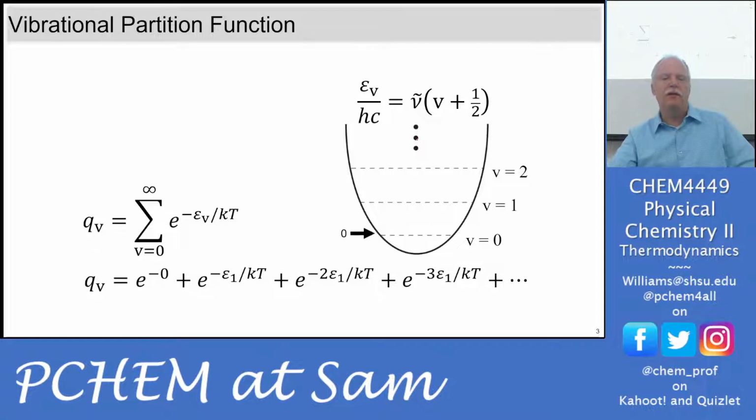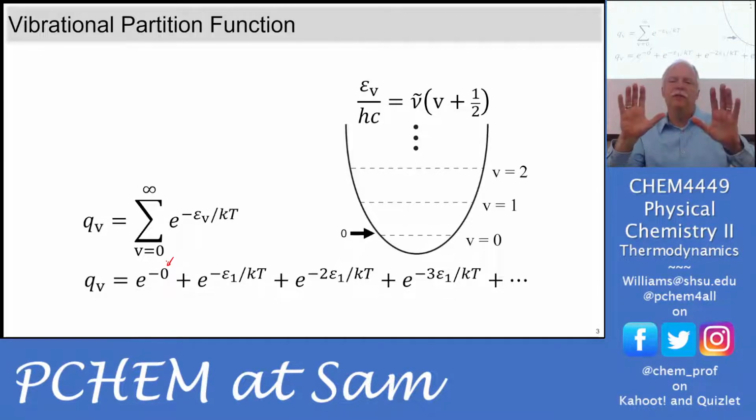Now there's a couple of places where we would label it as 0. So v equals 0, if we set that equal to 0 energy, then we end up with e to the 0 over kT. But sometimes it's helpful when you're comparing molecules to each other to take into account what we call the 0-point energy.